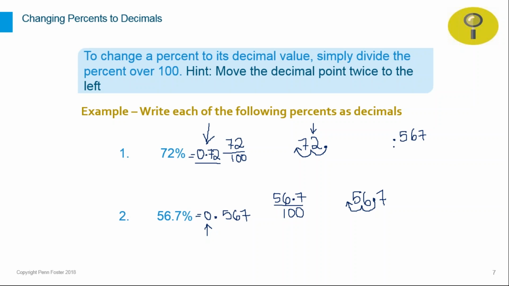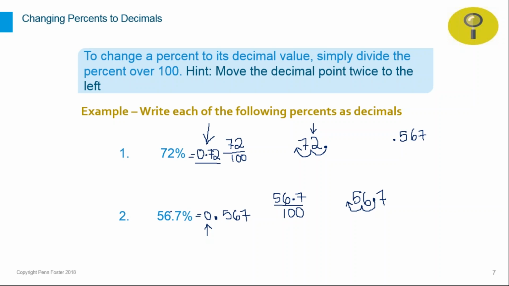And instead of reading that as 0.567, we may read it as 567, and that will make a big difference in our calculations if we use it that way. So I always like to write the 0 right before the decimal point just to make sure that I see that there is a decimal point there. So that would be the decimal form of this percent.